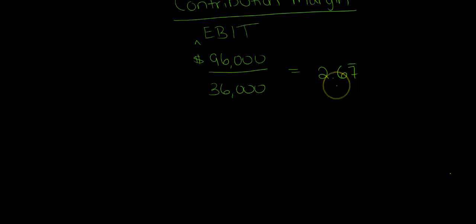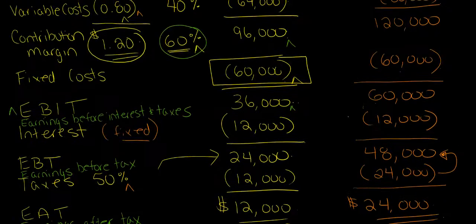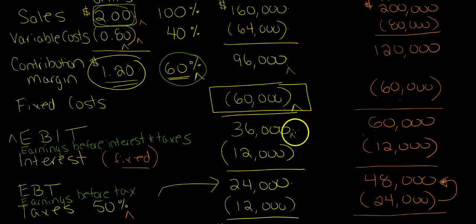What we do with this factor is take the 2.67 and multiply that by 25, which gives us 66.67%. That means that's how much our earnings before interest and taxes will increase when we increase our units by 25%.